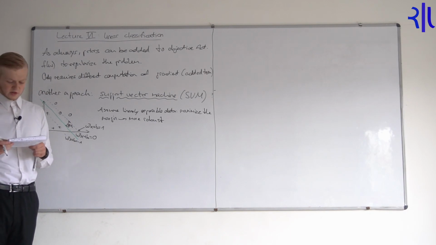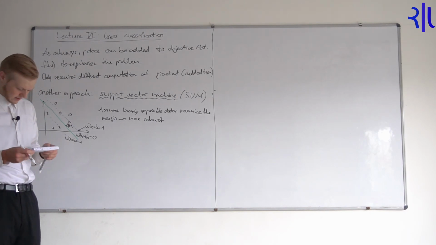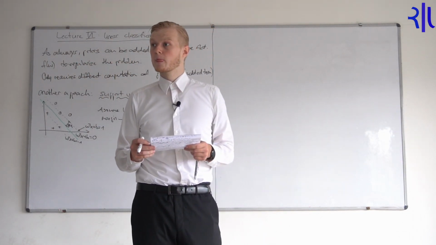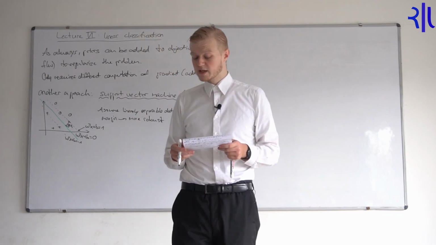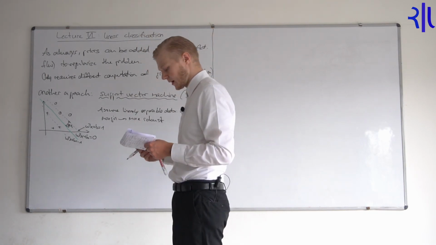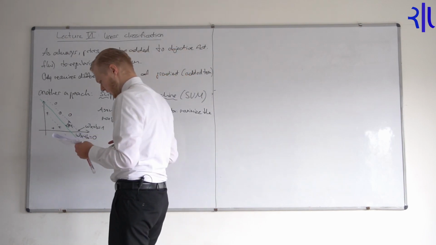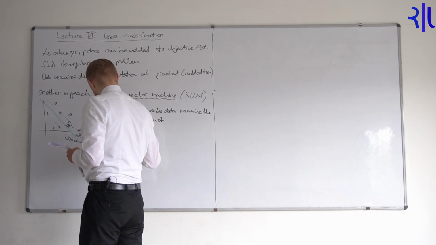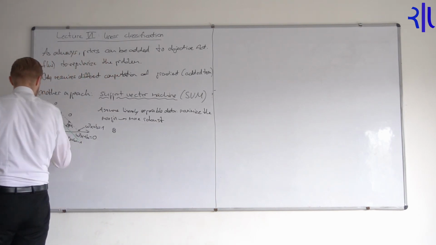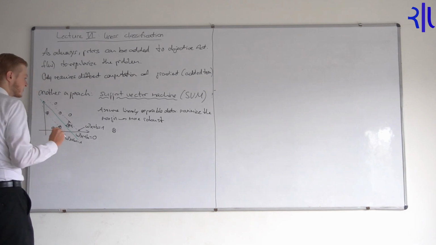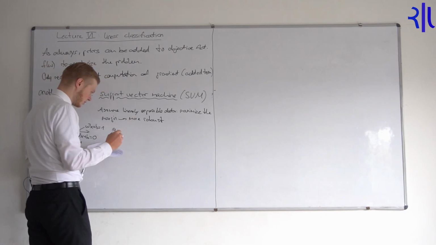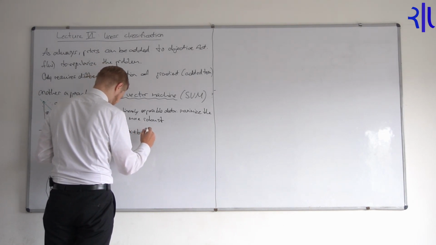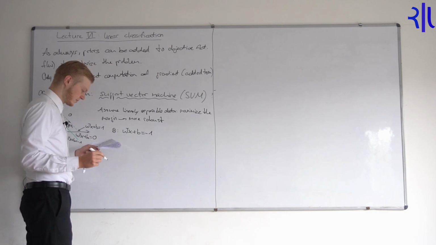Okay, so now let's see, can we derive that? How can we derive a formula or some problem from which we can generate the optimal margin hyperplane? For the crosses, it holds that omega transpose x plus b is equal to -1.